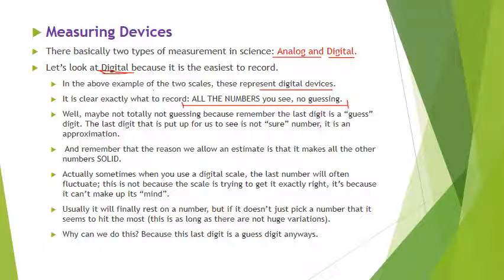So if you see 1.1020, you write down 1.1020. That last 0, I want to talk about again in a minute, so don't forget it. And there's no guessing, I said, but actually there is guessing, because the scale is guessing.